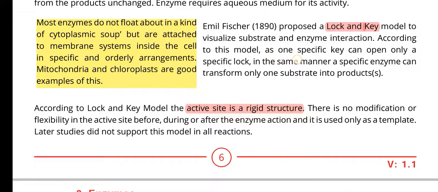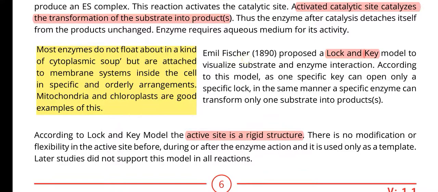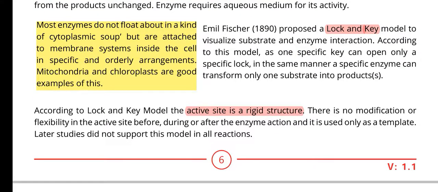This model was presented by Emil Fischer in 1890.